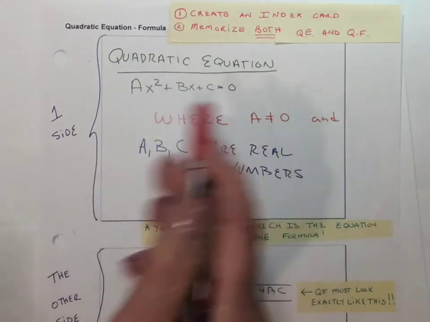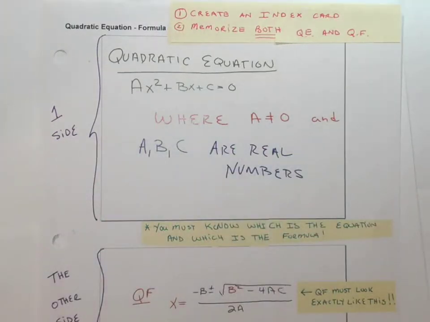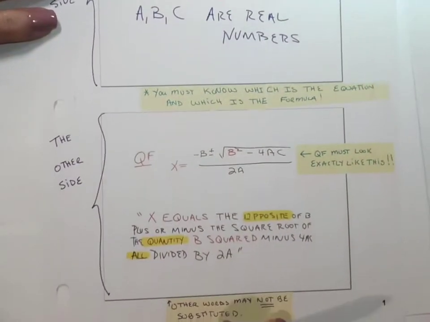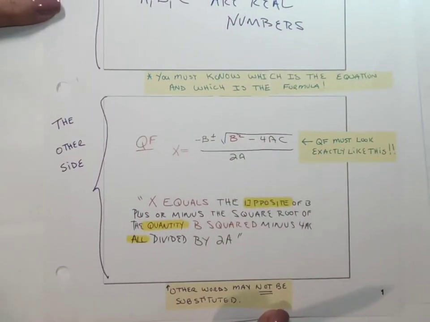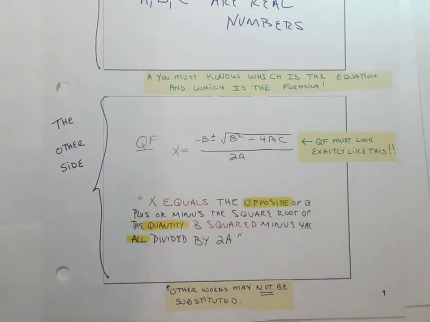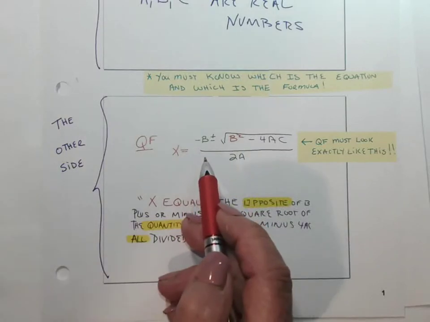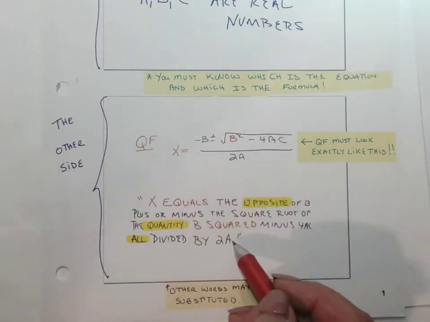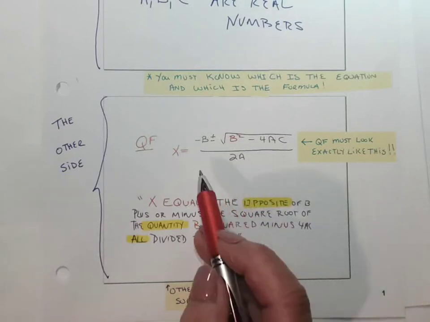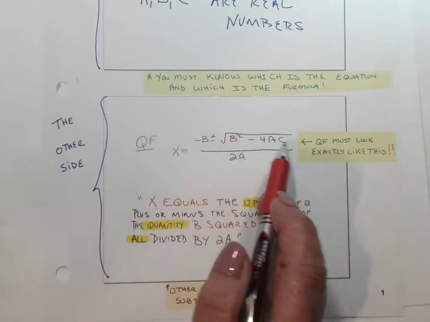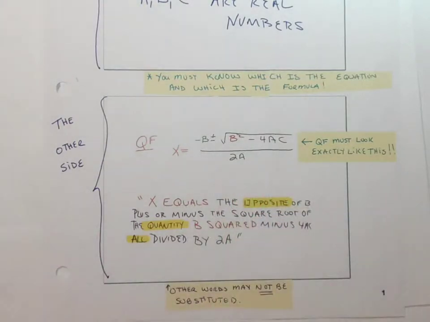So that probably should go on one side of your index card, or take a sheet of paper and fold it in half, and that's one side. And now we're going to go through the formula. You need to memorize the formula and the words that go with it. All right? So, here's what the formula looks like.